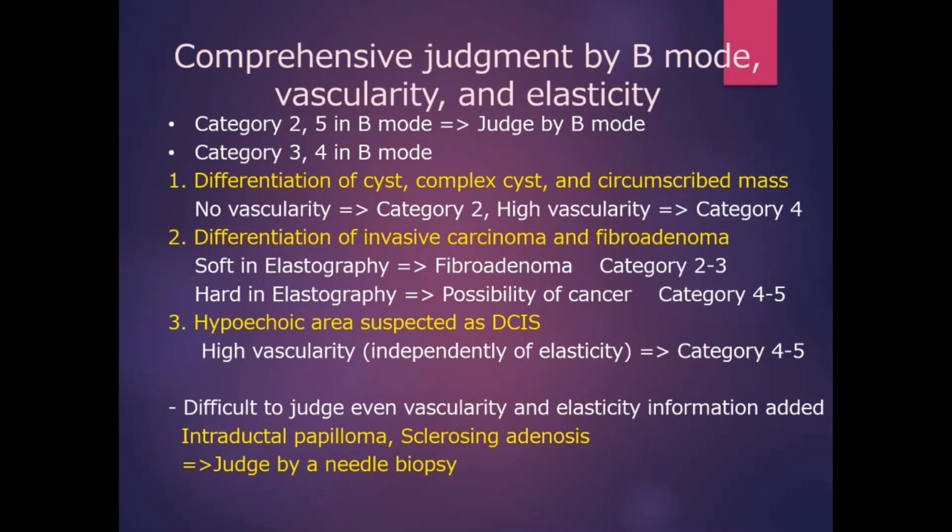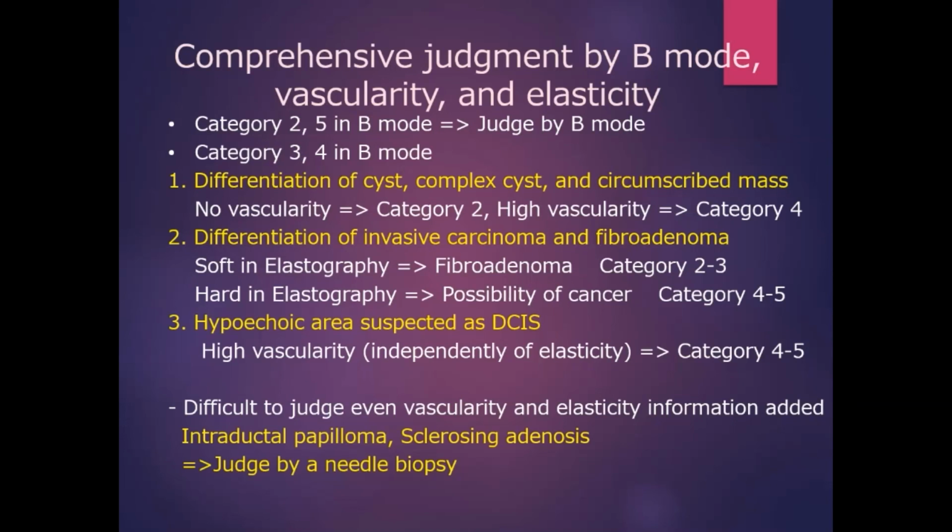This slide is about the comprehensive judgment by B-mode, flow imaging, and elastography. First, judge by B-mode. If you can judge benign or malignancy clearly from B-mode, in other words, judge as category 4 or 5, use vascularity and elasticity as just reference information and follow the B-mode diagnosis.